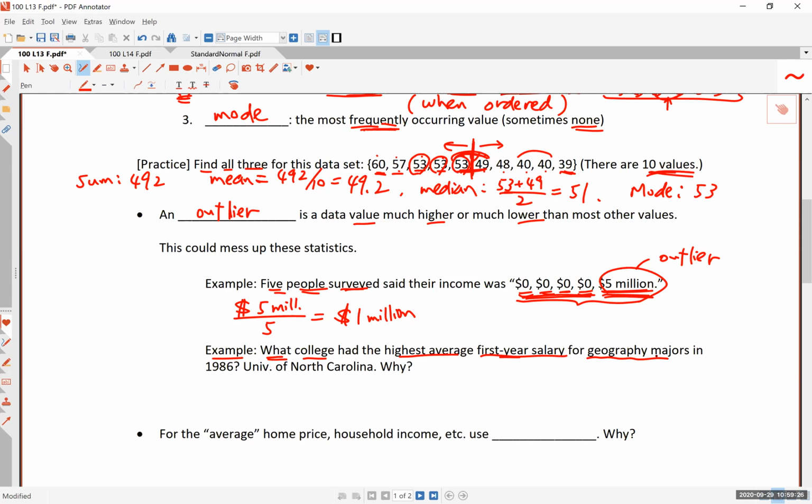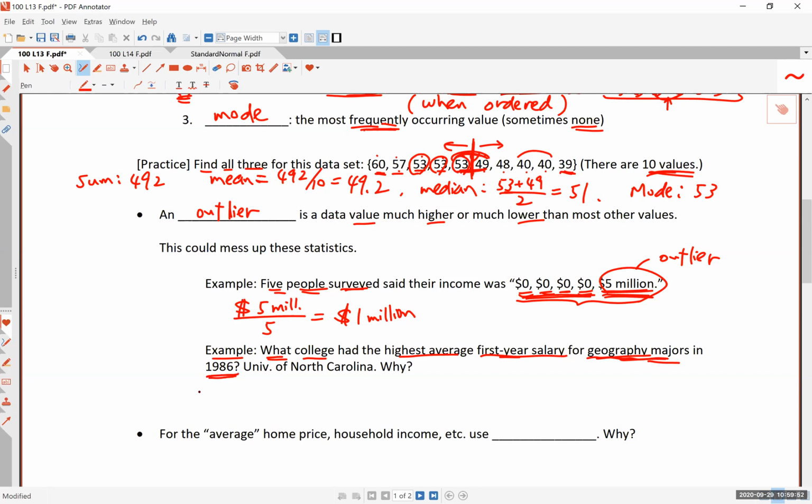But there are people who major in geography, and somehow they find jobs, and some of them do well. So the American Geographical Society was looking for the ranking of the best universities in geography, and the measure they used was the highest average first year salary among the students who graduated with a degree in geography.